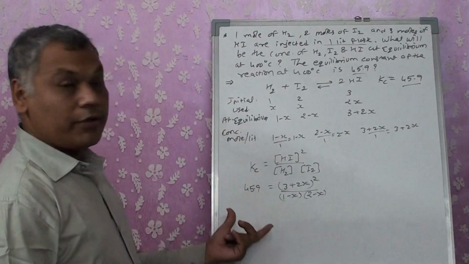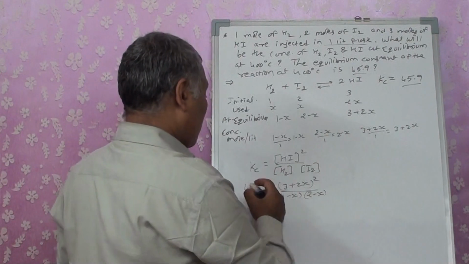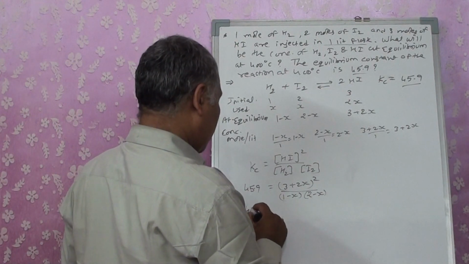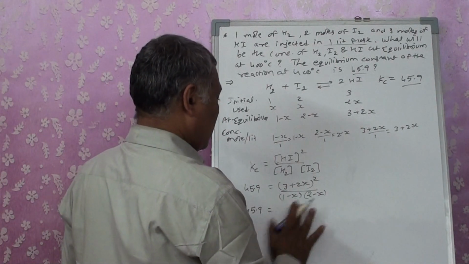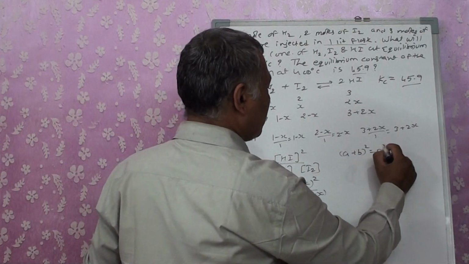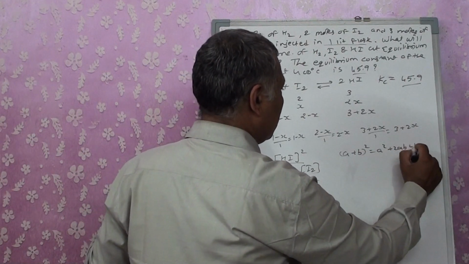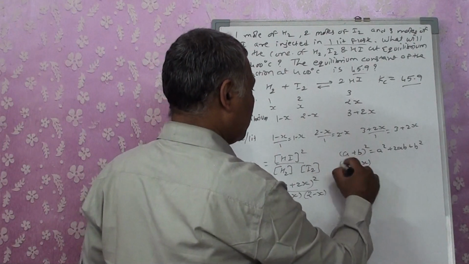So now what will be the mathematics that we will be doing? It is opening the brackets. We will be getting 45.9, and here we have the identity (a plus b) whole square, that is a square plus 2ab plus b square. So here we get 3 plus 2x whole square.